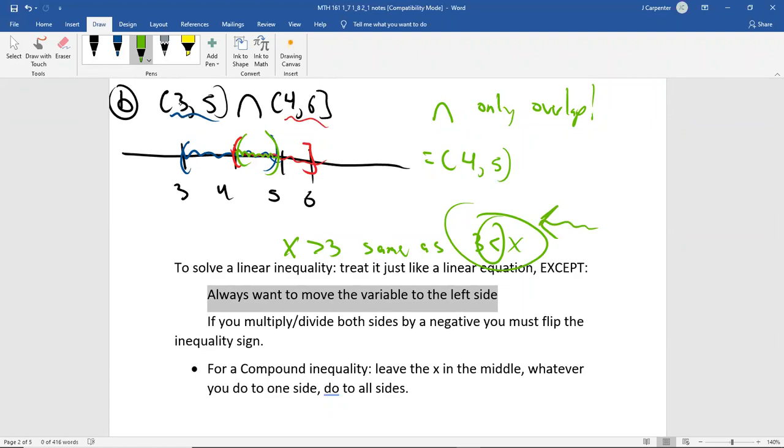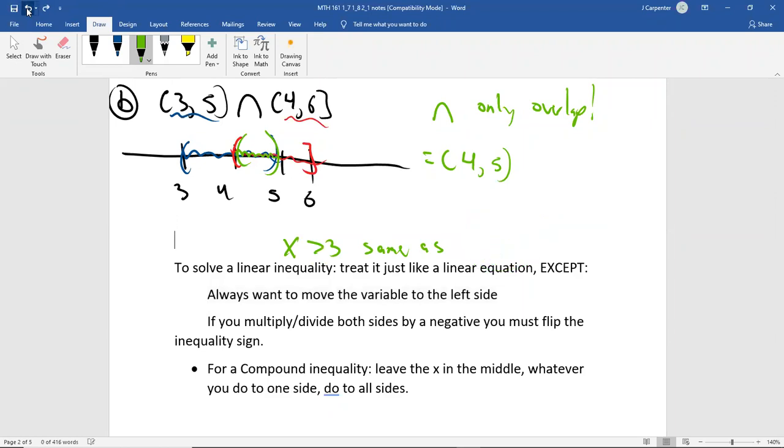But in reality, the solution oriented correctly is X is bigger than 3. Again, these are the same statements, just mirrored, which means you should have been shading to the right instead. So that's an important thing to get used to.